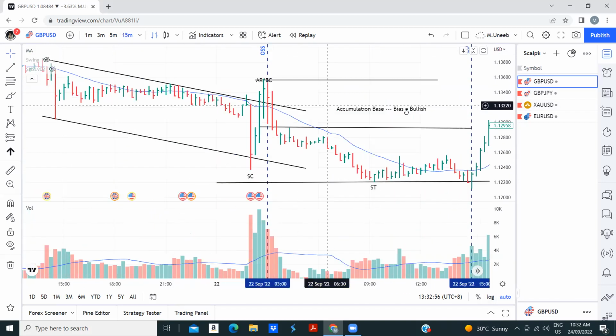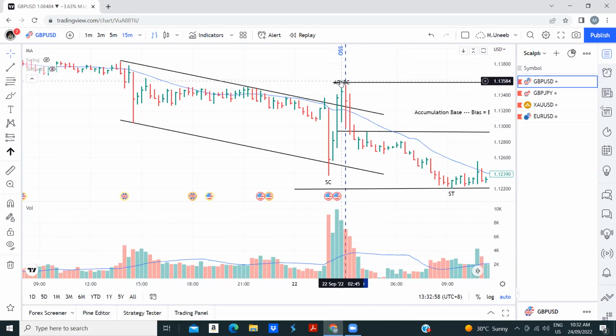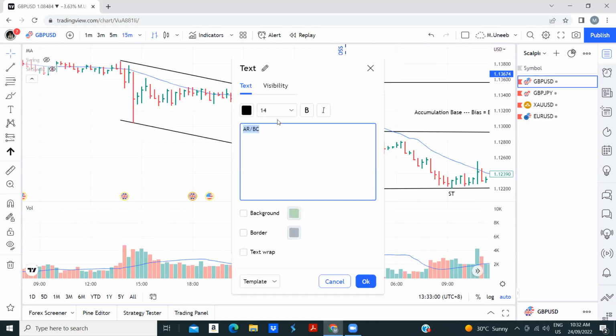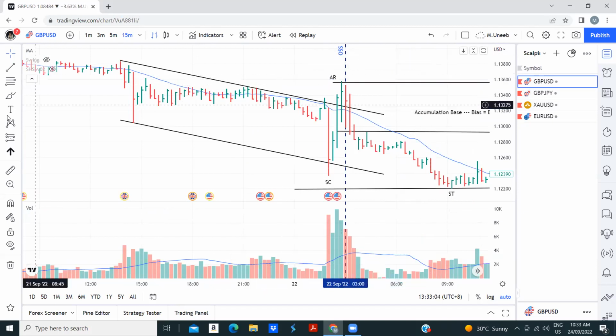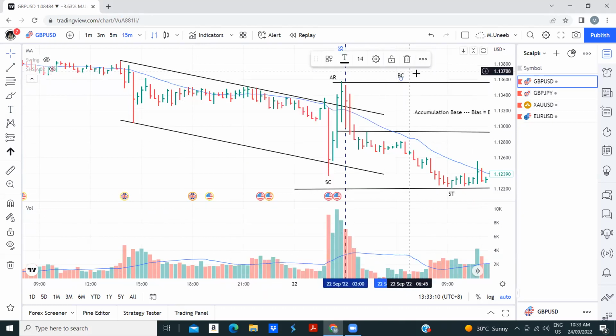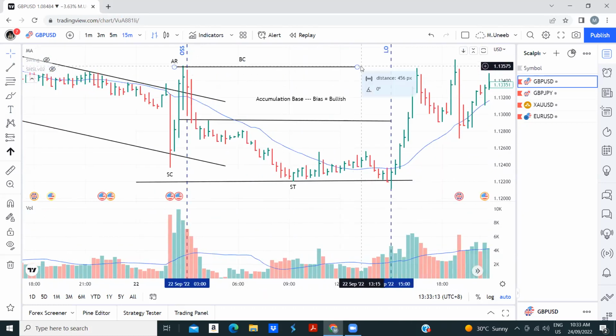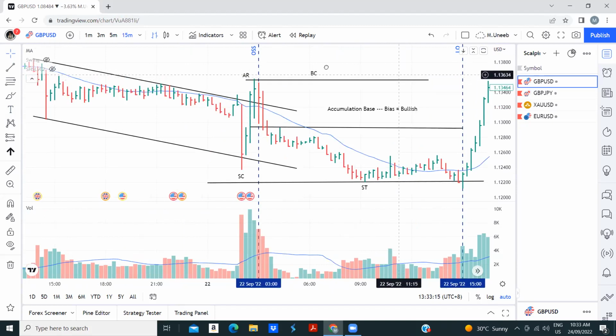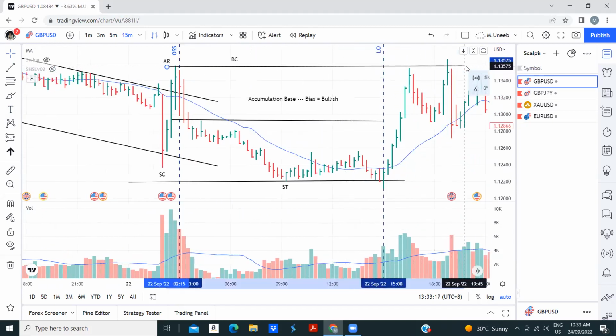That's why I told you that this is actually AR of this selling climax, but this line is also acting as the buying climax for the future market. Okay, this line, buying climax, and if you extend this line further, you will see what I mean to say.